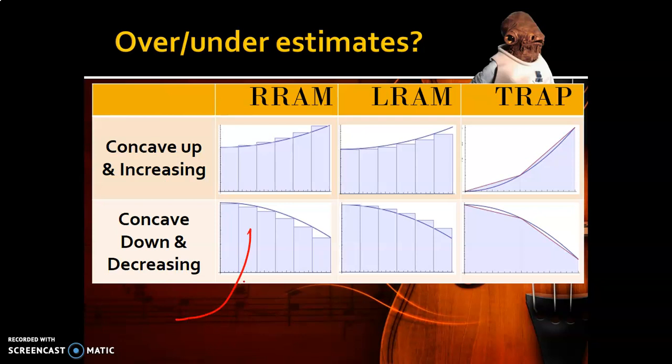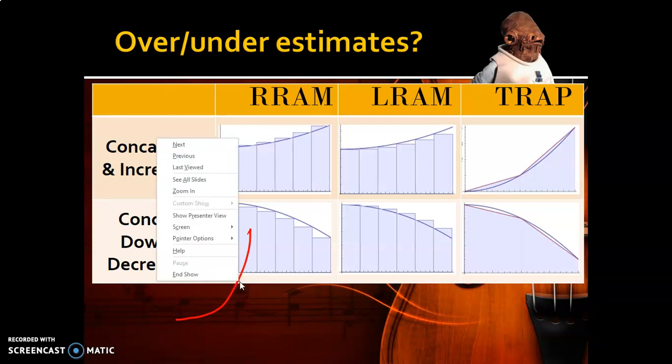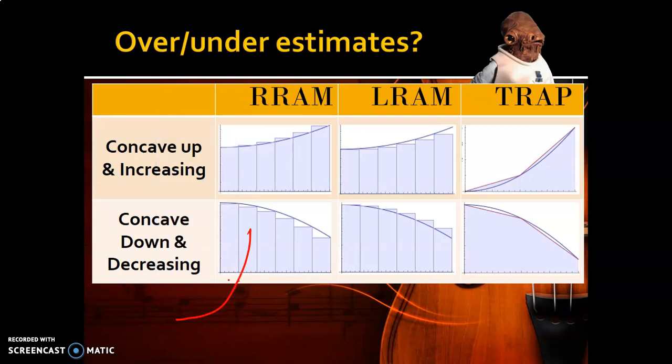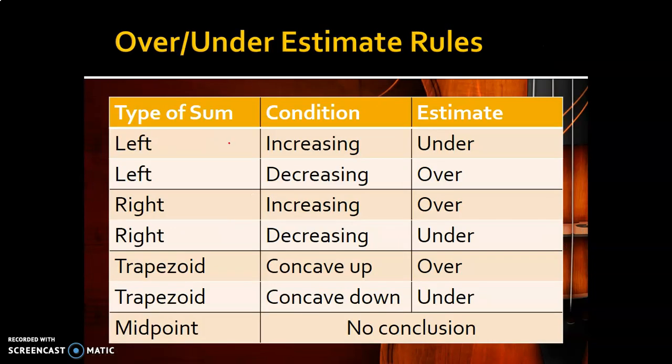Draw yourself a function that looks like that, and then think about, depending on whether I'm using a left sum, in this case a left sum would be an underestimate, or if I was doing a right sum it would be an overestimate. You can try to memorize this table, but I don't recommend that. I recommend that you practice drawing pictures and then figure out, based on whether the rectangle goes to the left or the right, whether it is an over or underestimate.